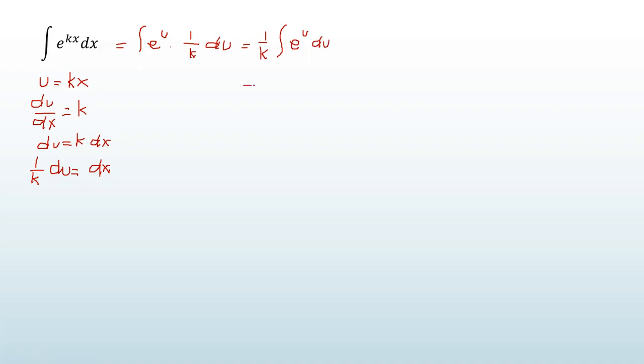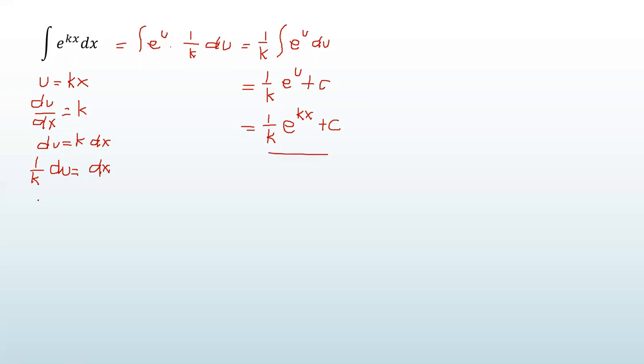The outcome is 1 over k times e to the power u, because the integral of e to the power u is still e to the power u plus c. It becomes 1 over k e to the power kx plus c. This is the outcome of this integral.